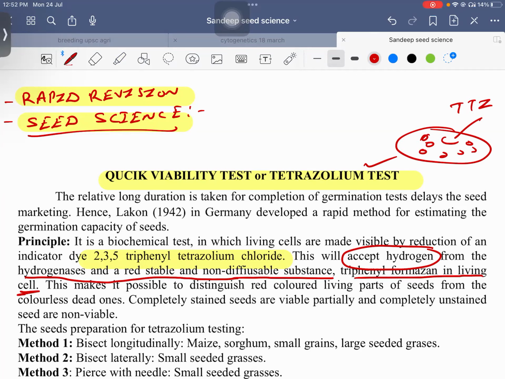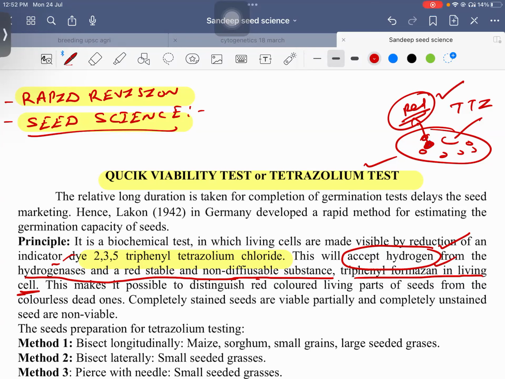The living cells, whatever are there, will accept hydrogen, and they will give red color. Okay, they will be red in color, whichever are living, because they will accept hydrogen from the hydrogenase, and a red stable and non-diffusible substance, triphenylformazan, is formed in the living cells. So it will stain red.